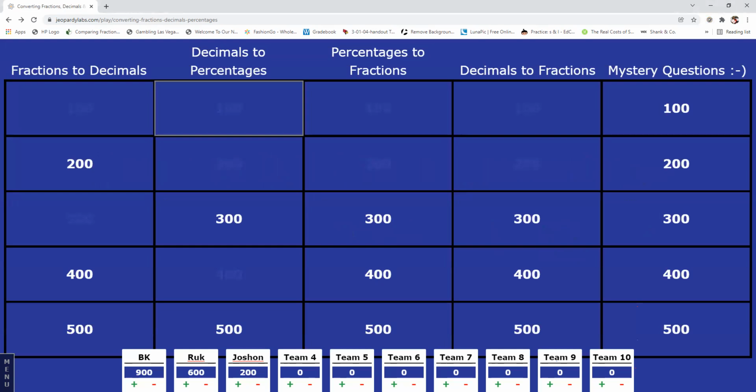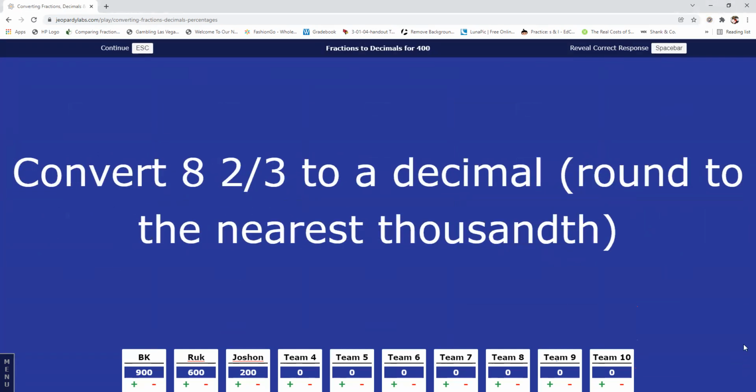All right, let's go. Fractions to decimals for 400. Convert 8 2/3 to a decimal. Round to the nearest thousand.